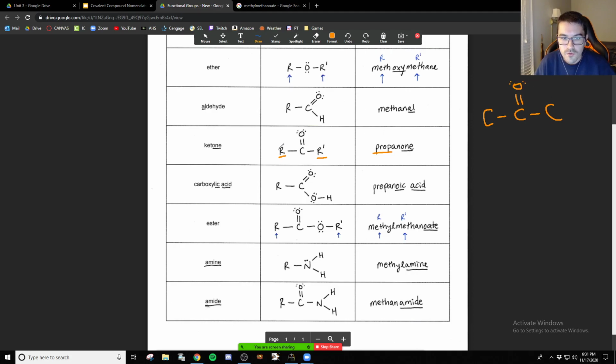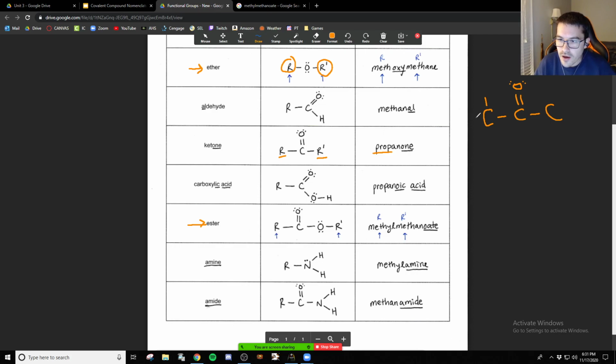So you can see R and R prime. Now it's different from these others. It's different from the ester and the ether. There is no distinct separate carbon chain. You can see how these are all part of the same chain. That's why the ether and the ester have two prefixes, whereas the ketone only has one: prop.